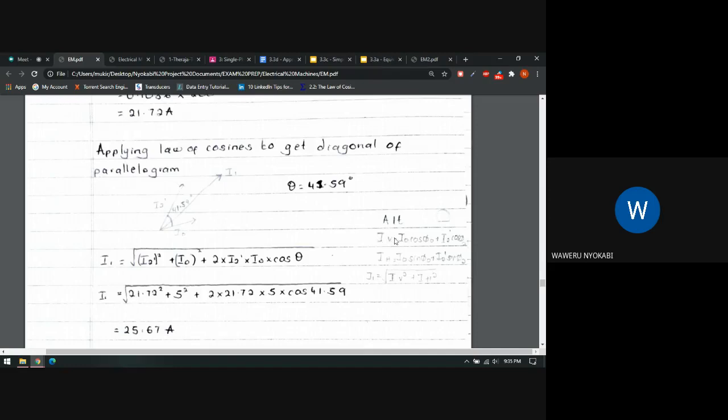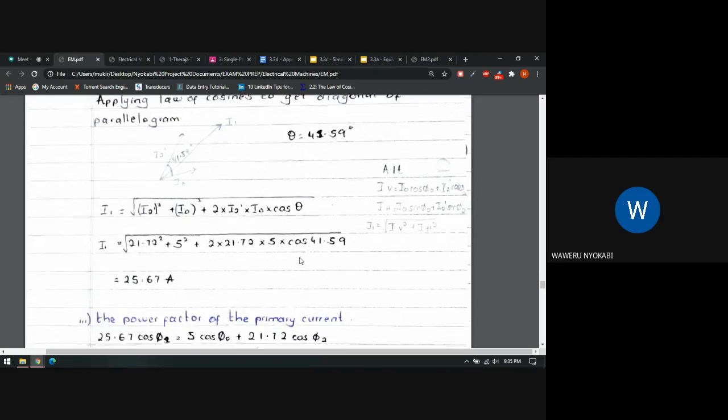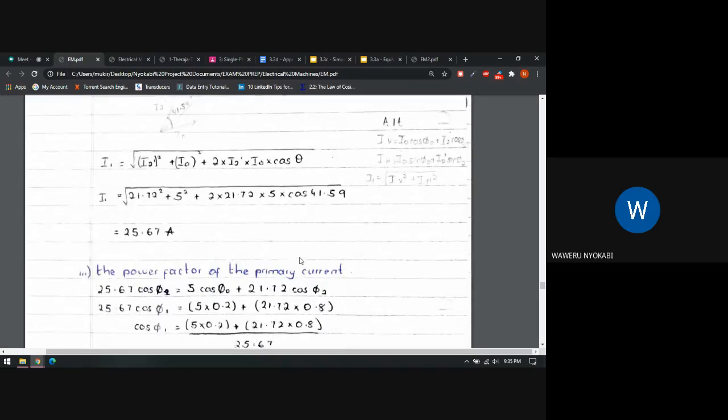Let's say IV is equal to I naught cos theta, basically the cos components of both I naught and I2 prime, and IH is made up of the sine components of I naught and I2 prime. Then I1 is equal to the square root of IV squared plus IH squared, which gives you what I1 is. I don't know the logic behind it, and that's why I chose not to use it.